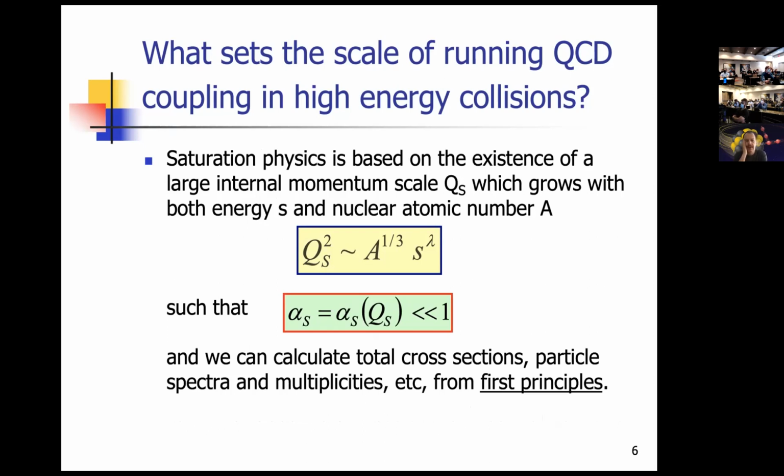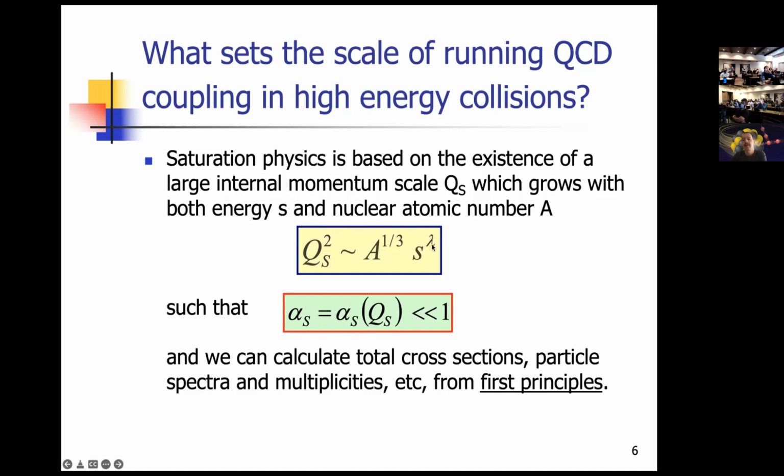It's an intrinsic scale. It's a property of the wave function of a proton or a nucleus. It's called Q_S. Q_S squared grows, say for a large nucleus, as A to the 1/3, where A is the atomic number of the nucleus, the number of nucleons in the nucleus. And it grows as a power of energy.